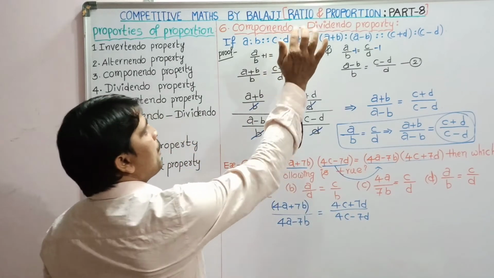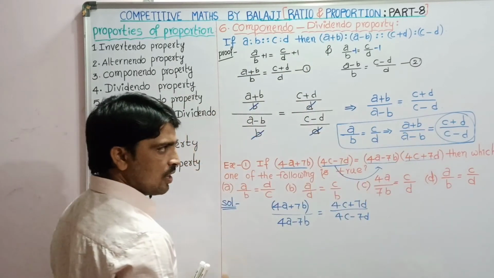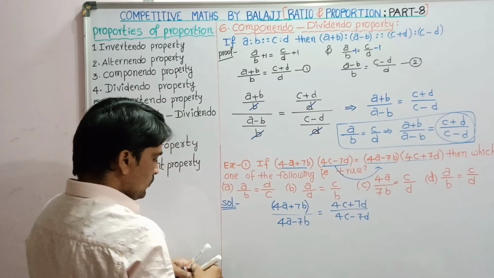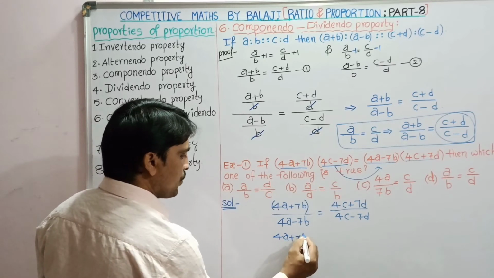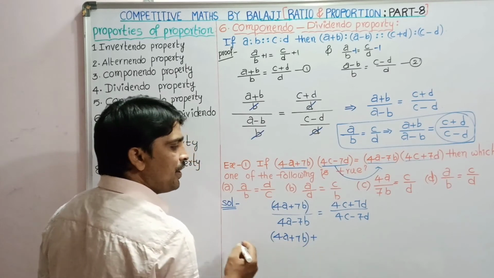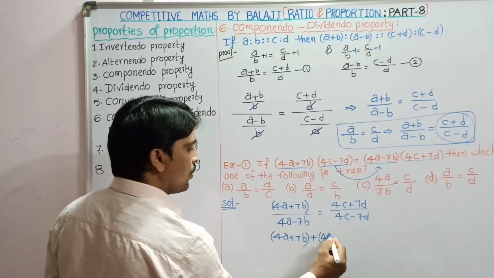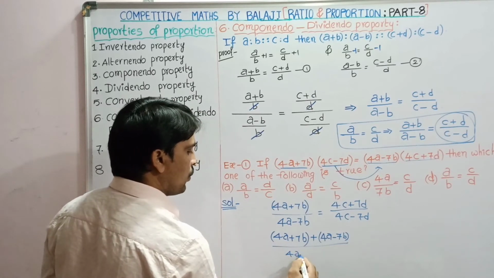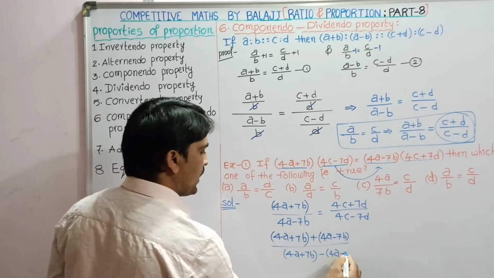Now perform the componendo dividendo property, that is numerator plus denominator by numerator minus denominator, on LHS and RHS. We get 4a plus 7b, this is the numerator, plus, by componendo dividendo property, 4a plus 7b plus 4a minus 7b by 4a plus 7b minus 4a minus 7b.